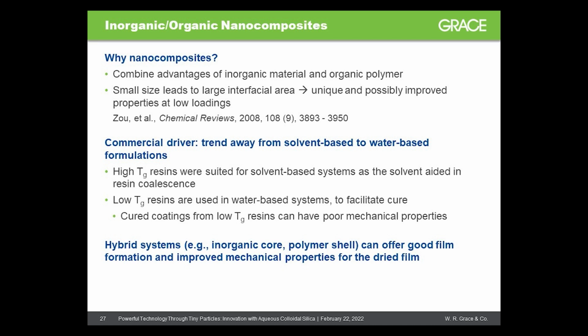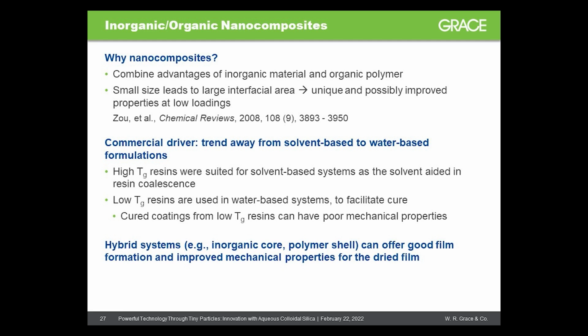One commercial driver for nanocomposites comes from the coatings industry, where there is a trend away from solvent-based formulations to water-based formulations to minimize volatile organic compounds. In solvent-based formulations, high glass transition temperature polymers with high hardness can be used because the solvent or co-solvents aid in the resin coalescence during drying.